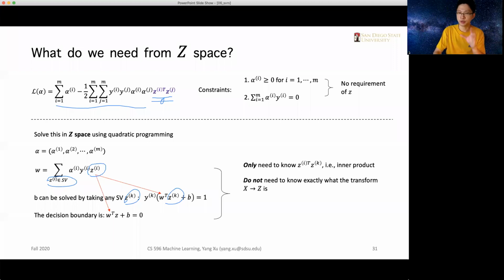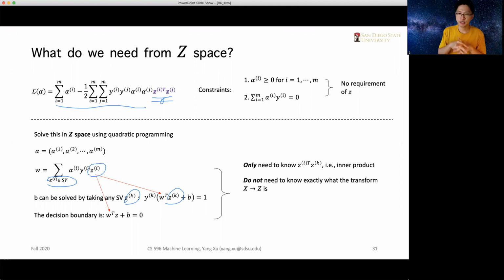That is a dot product or inner product. We don't need to know exactly what the transform X to Z is. In the previous example, we transformed a circle into a linear line in Z space. We knew the exact form of transformation. It's a quadratic function, right? But actually, we do not need to know that.